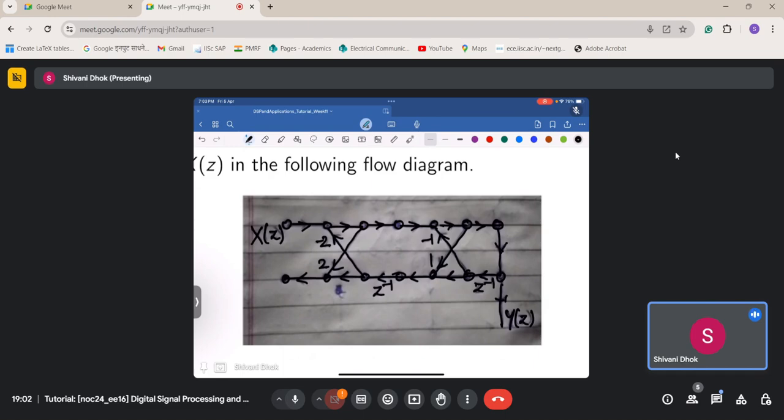Yeah, this is what is given to us. So this is the signal flow graph that is given to us, and we need to figure out what is y of z upon x of z.